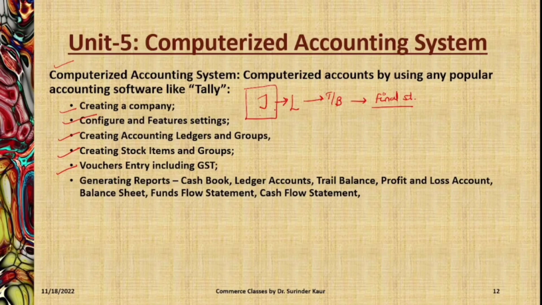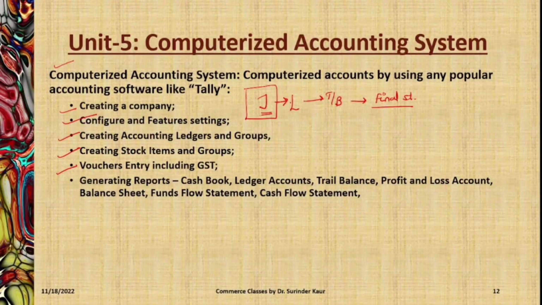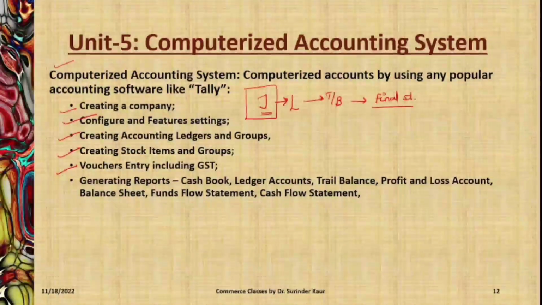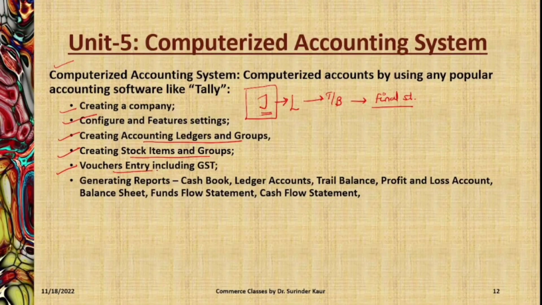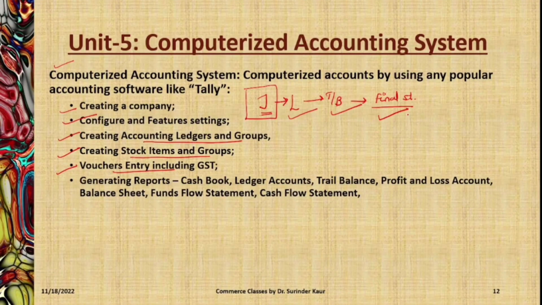Once you have generalized the things, the system will automatically put the things in place, provided you have recorded the things correctly. If you have done the recording correctly, the focus is on creation of ledgers and their groups, creation of stock items and voucher entry. Once this is done, preparation of ledgers, trial balance, final statements, it's not a difficult task. You just need to click a button and reports are generated. So focus is here.